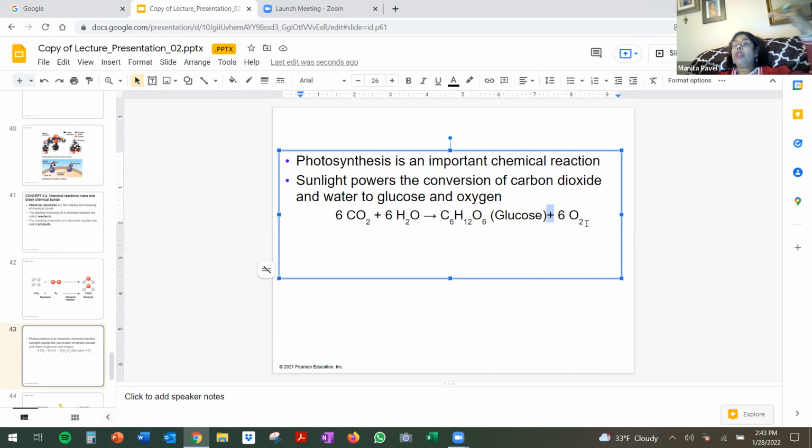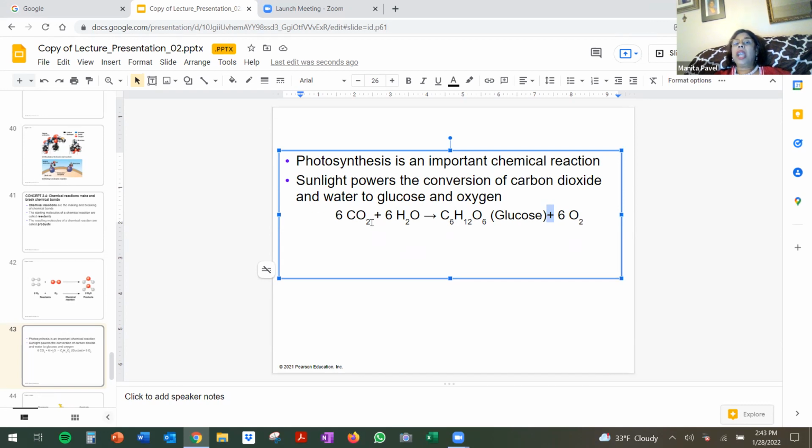I explained producers and consumers in chapter 1. And so the moment you think of producers, my point of reference is always green plants manufacturing their food during photosynthesis. So we are seeing the chemical reaction in photosynthesis. Carbon dioxide reacts with water to form glucose.